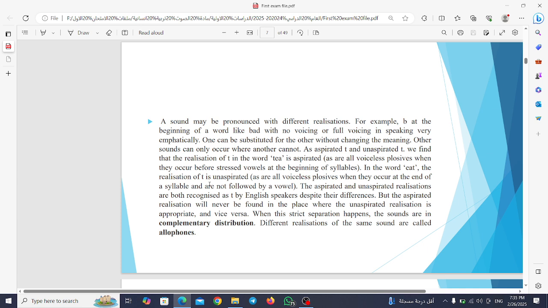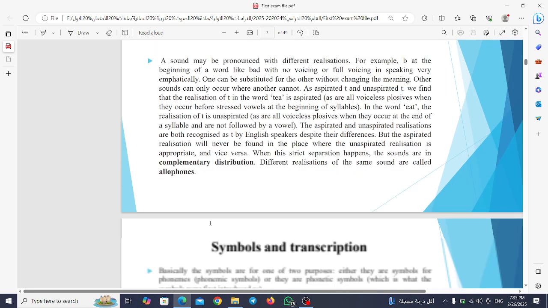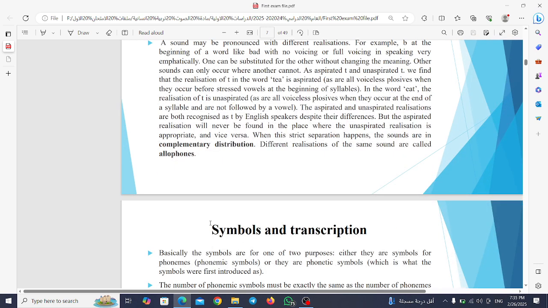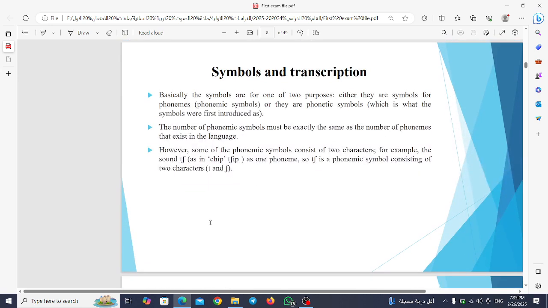But when we say eat, T is unaspirated. So the aspirated T and unaspirated T are in complementary distribution, which means there is a strict separation of sounds: one sound cannot come in the place of another, although they are different realizations of the same sound.